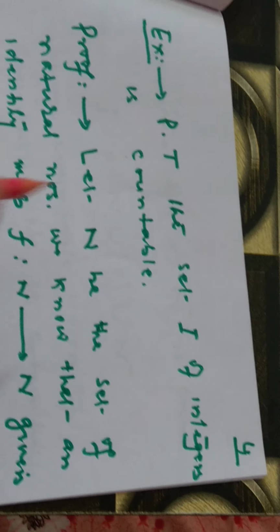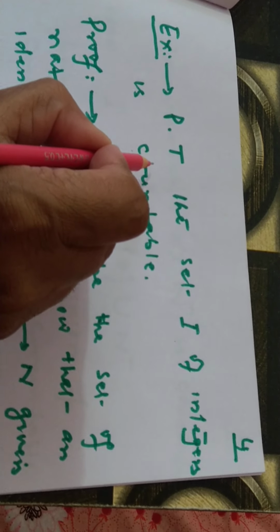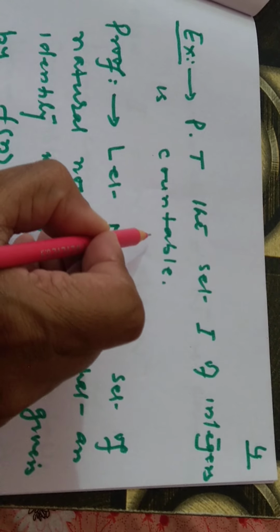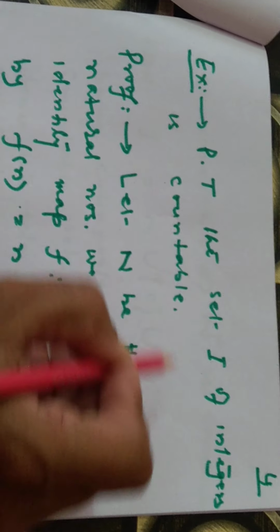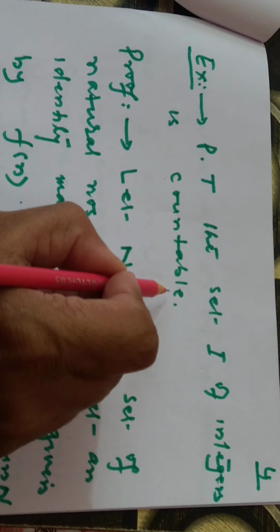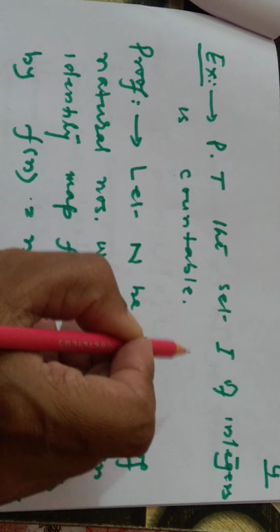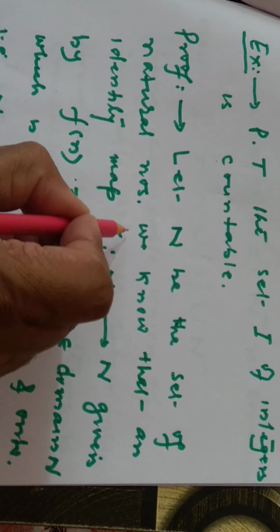Now a question like this can be asked from you students, that prove that the set I of integers is countable, or the set I of integers is countably infinite or denumerable or innumerable. Proof. Let N be the set of natural numbers.